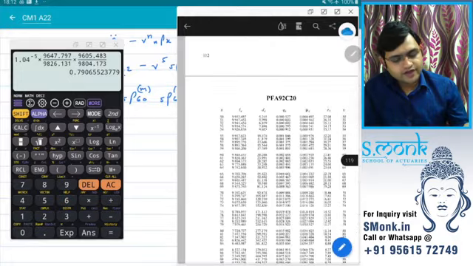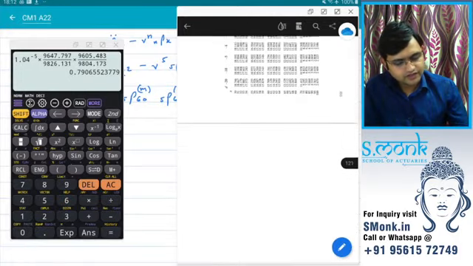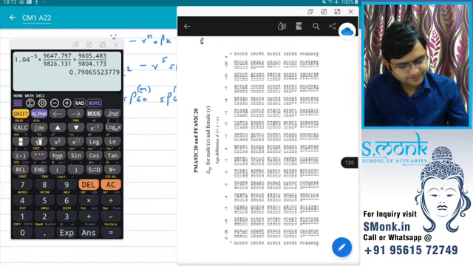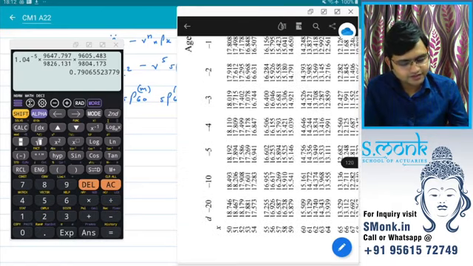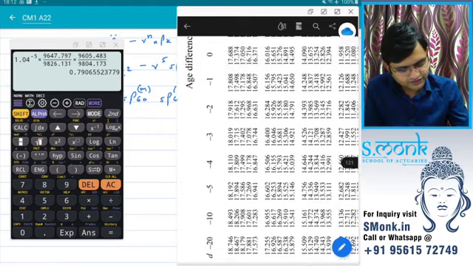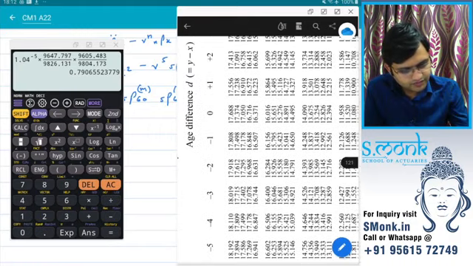Then joint life annuities we will calculate from this table, right? Here first of all d is going to be 2 because it is y minus x. d is 2. First age is 60. For 60 I am looking for plus 2.